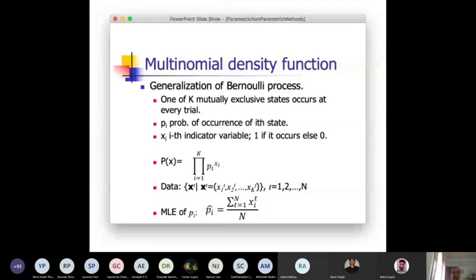You consider individual dimensions and count how many times that particular state has occurred, and then you find the fraction of times that state occurs. That is the estimate of the parameter pi using the maximum likelihood method.